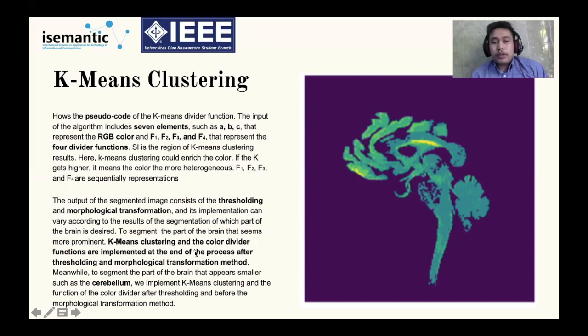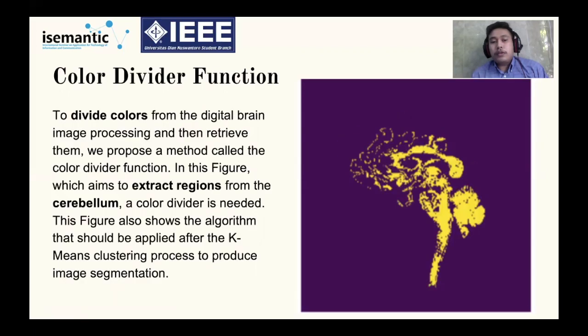The k-means clustering and the color divider function are implemented at the end of the process, after thresholding and morphological transformation, so we can get the cerebellum. Divided colors are aimed at extracting regions from the cerebellum. A color divider is needed to show how one region breaks from the others.